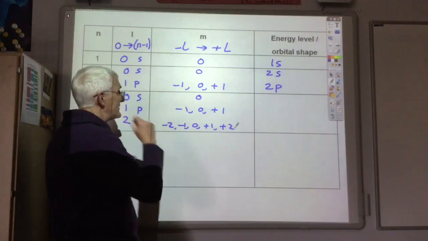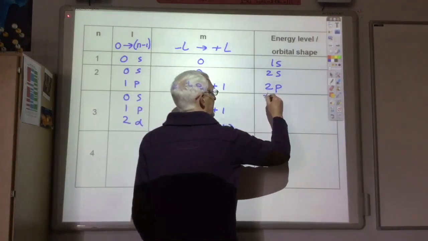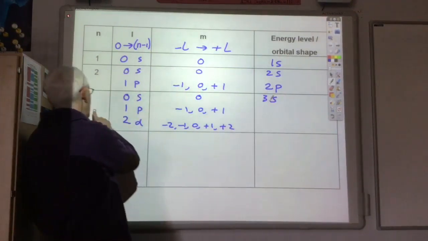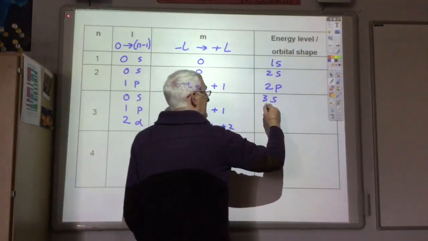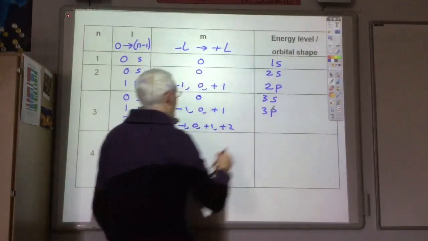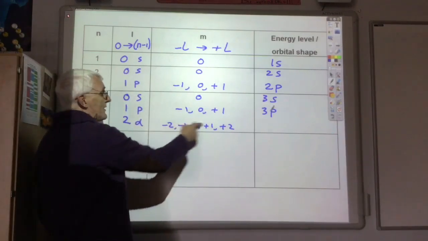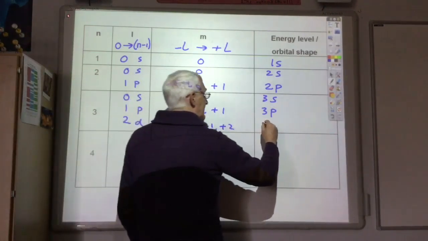So 3, 0, 0 is a 3s orbital. 3, 1 and any of these numbers is a 3p orbital, and 3, 2 and any of these numbers is a 3d orbital.